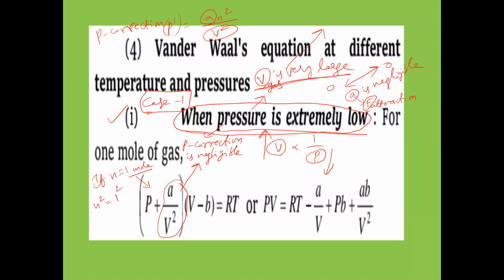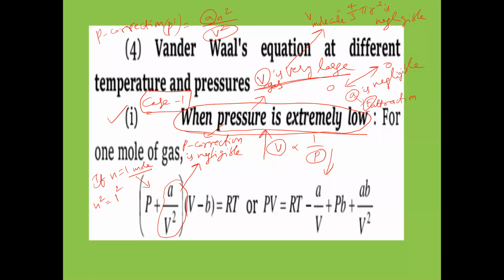The volume of a molecule is 4 by 3 pi r cube. Why is the volume of a gas molecule negligible here? In comparison with the very large volume of gas.